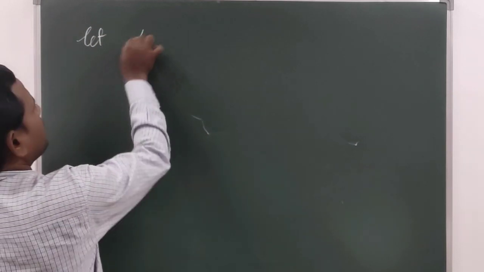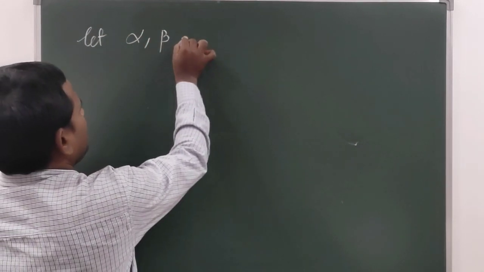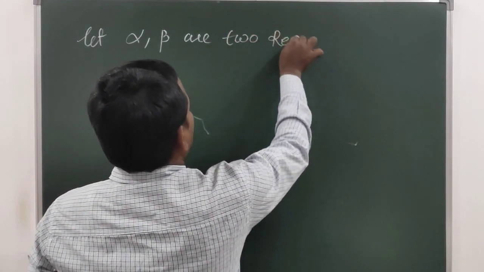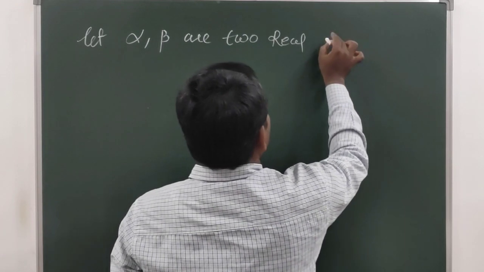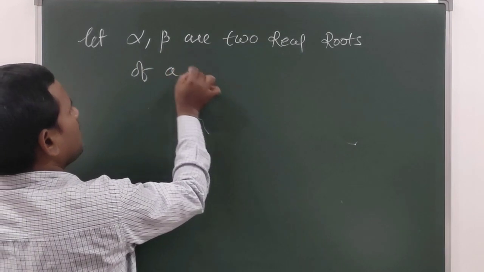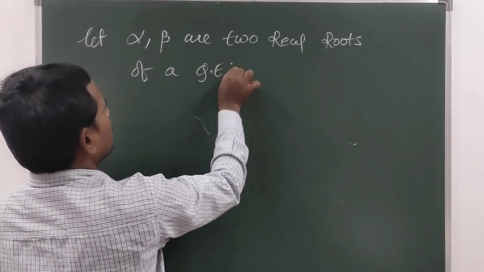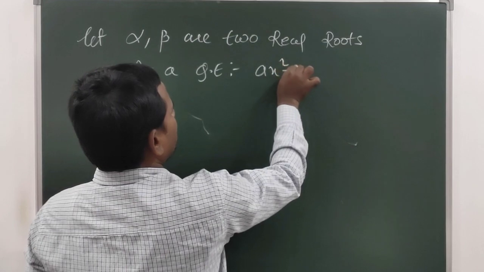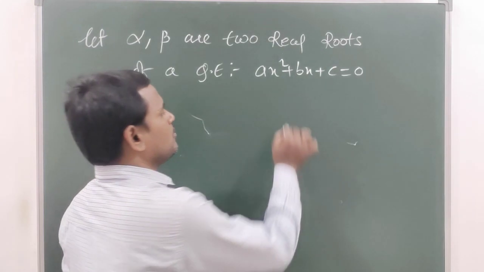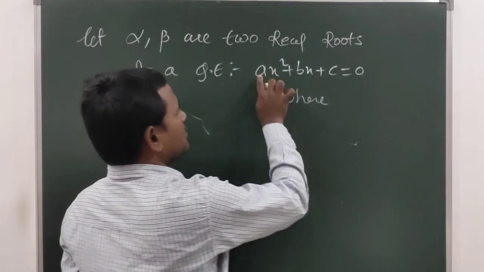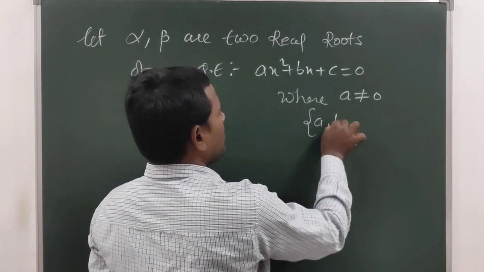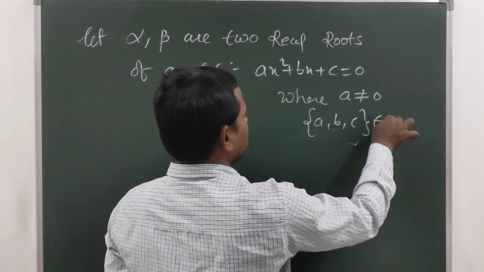Let us consider alpha, beta are two real roots of a quadratic equation ax square plus bx plus c equal to 0, as you know, where the leading term coefficient a should not be equal to 0 and a, b, c belong to real numbers.